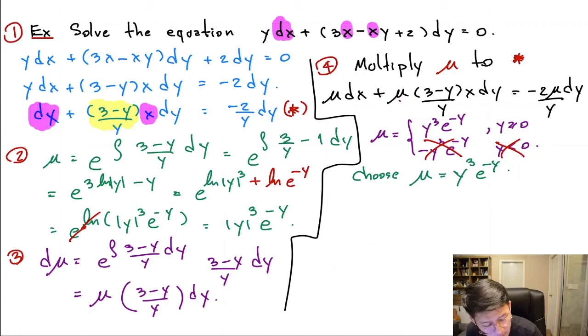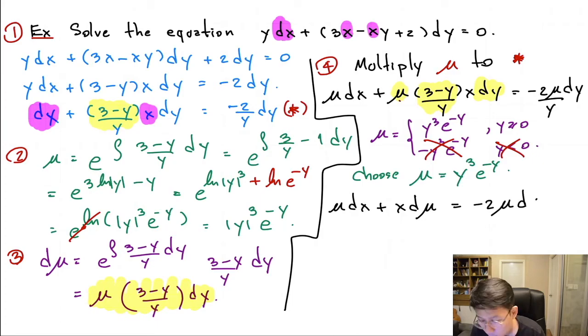Okay, so what I have is mu dx, and then guys, again it's the same, it's repetitive, I keep doing the same things. Here is mu times this and that, and that is actually d mu. So I have plus x d mu equals minus 2 mu dy divided by y. That is d of (mu x) equals minus 2 mu divided by y dy.